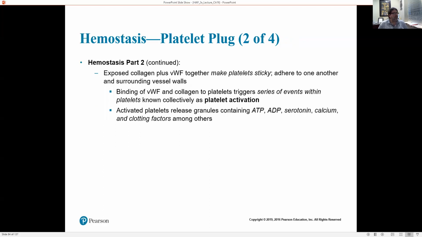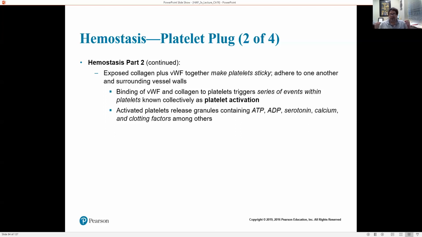Together this makes the platelets sticky. They adhere to one another and to surrounding blood vessels. The binding of VWF and collagen to platelets triggers a series of events within platelets known collectively as platelet activation. This includes the release of granules containing ATP, ADP, serotonin, which causes contraction of muscle, calcium, and clotting factors, among others.